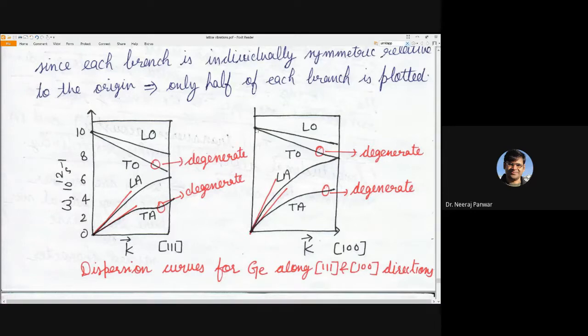We have Na ion and we have Cl ion, and a local dipole moment is induced, which will cause the two branches to separate at k equal to 0. So this is the difference between the diatomic lattice vibrations for non-ionic crystals and ionic crystals.